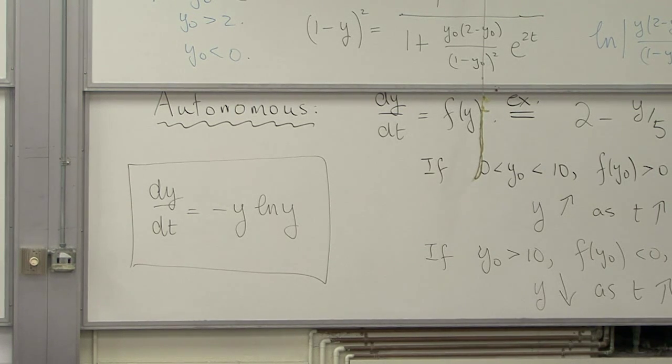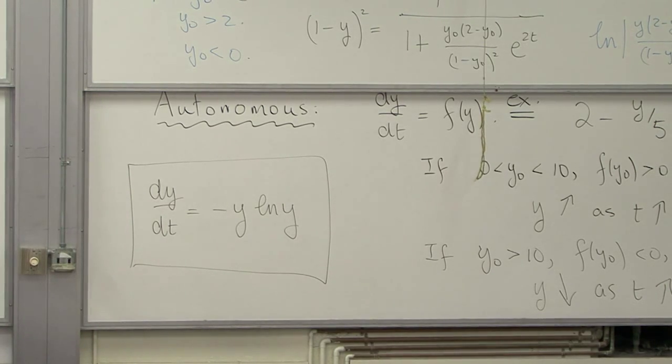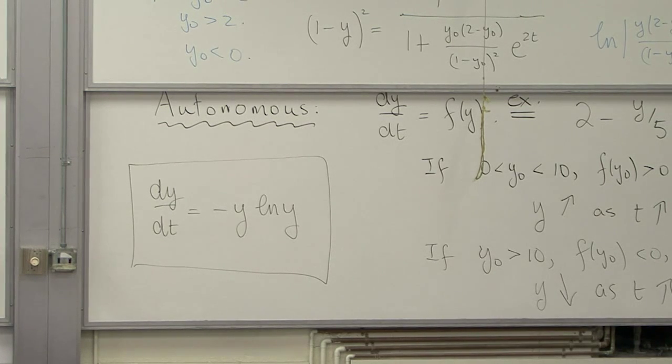From that graph, you'll be able to tell what happens to the solution over time. You can also use the separable method to solve. The solution, I think, comes out as e to the e to the t or something like that, times some constant. That's another example well worth doing.